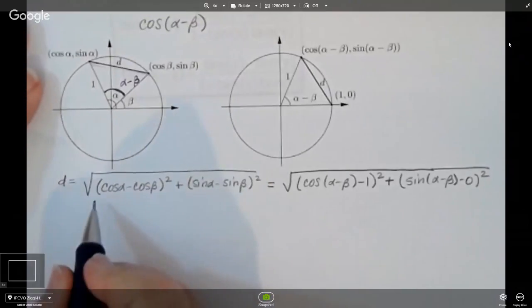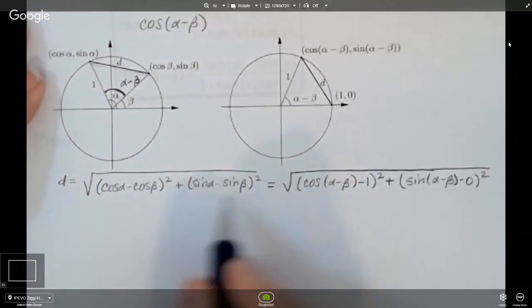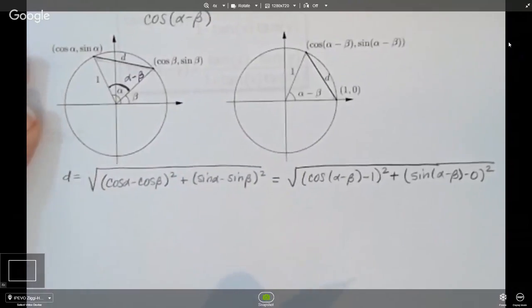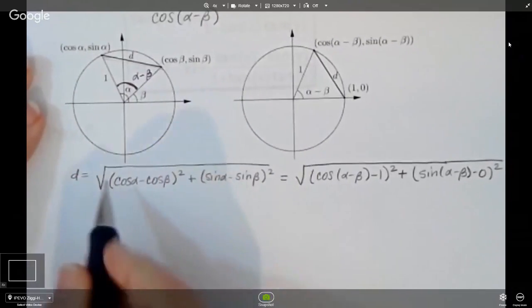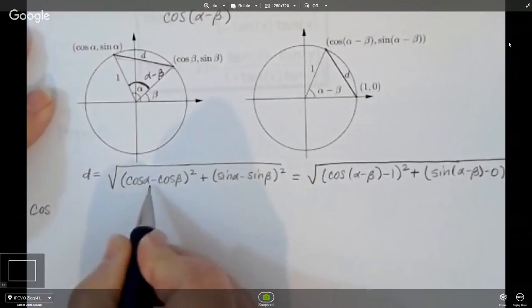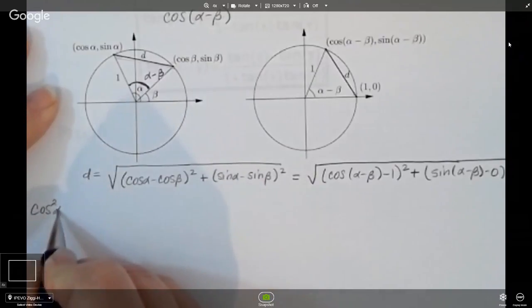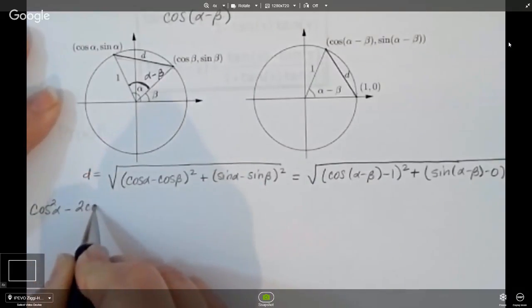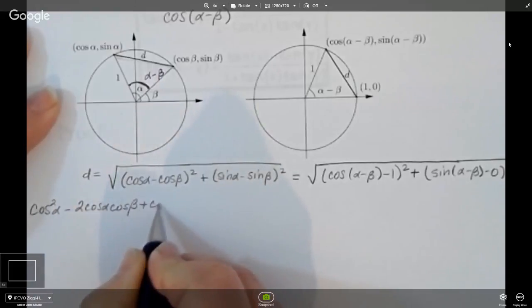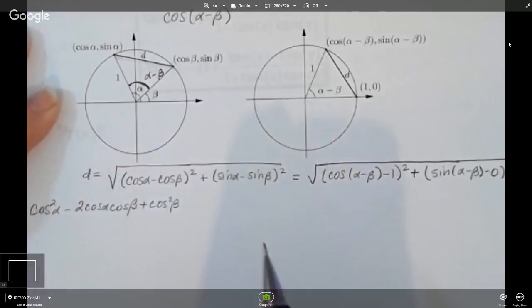All right. Since these two quantities are equal, I can square them and they will still be equal. Then I'm going to expand this left side, and I'm going to go over here so I have a lot more space. When I expand this expression here, I'm going to get cosine squared alpha minus 2 cosine alpha cosine beta plus cosine squared beta.